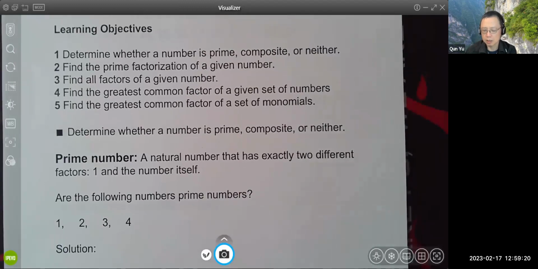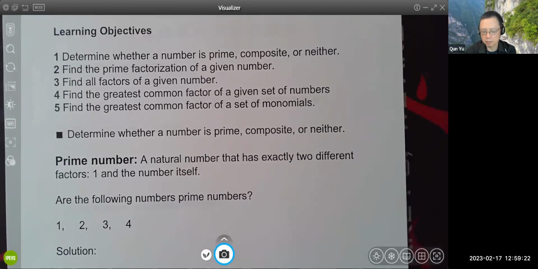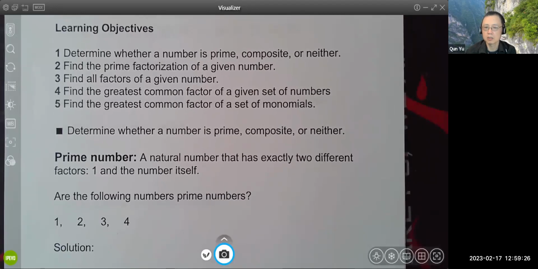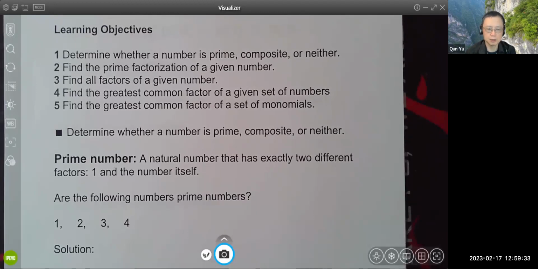First, how to determine if a given number is a prime number or a composite number or neither. We need to have the definition first. What is a prime number? Basically, it is a natural number. Natural numbers are those whole numbers starting with 1, right? 1, 2, 3, 4, 5, and so on.